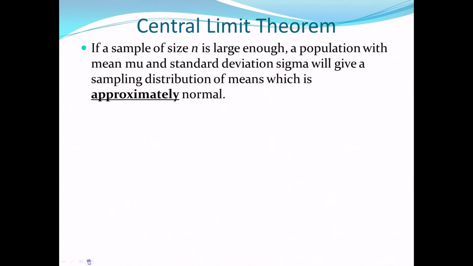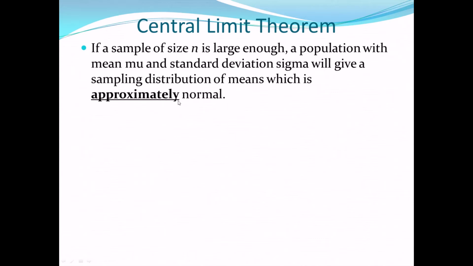But normal begets normal. All right, but what if you don't know if something's normal, or if you're told it's not normal, right? If a sample of size n is large enough, and we'll talk about what constitutes large enough, a population with mean mu and standard deviation sigma will give a sampling distribution of means which is approximately normal. And don't worry about that approximately, like you're almost there, you're just about there.